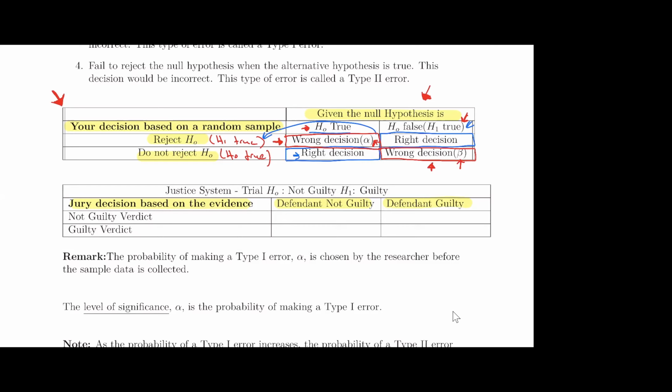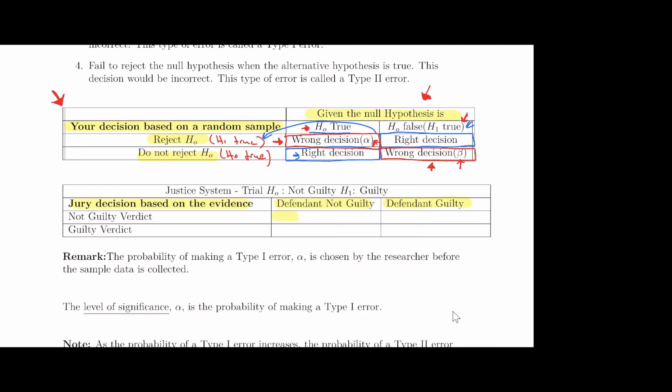That means the default position is you're innocent and they have to have evidence in order to prove you're guilty. So the null hypothesis is not guilty and the alternate hypothesis is guilty. In order for me to prove that you're guilty, you need some sort of evidence. You can't just say you're guilty without evidence. You have to have the evidence to disprove the null hypothesis and prove that the alternate hypothesis is correct. Good.